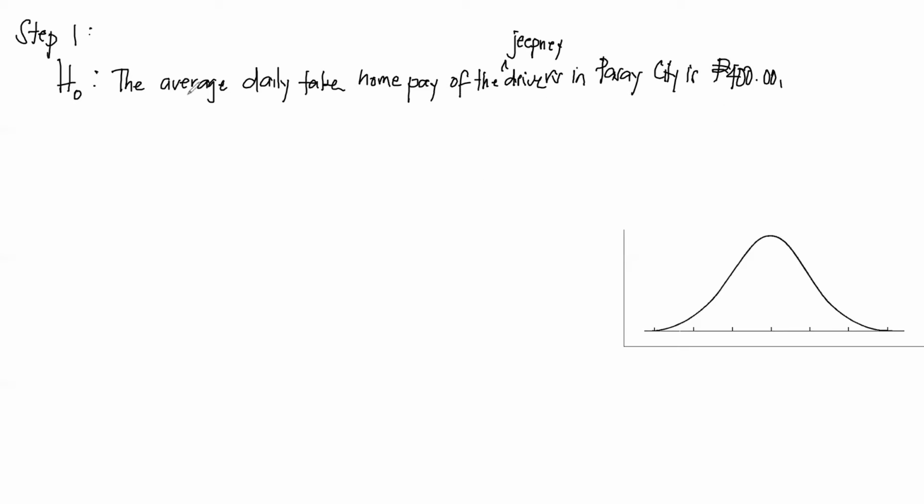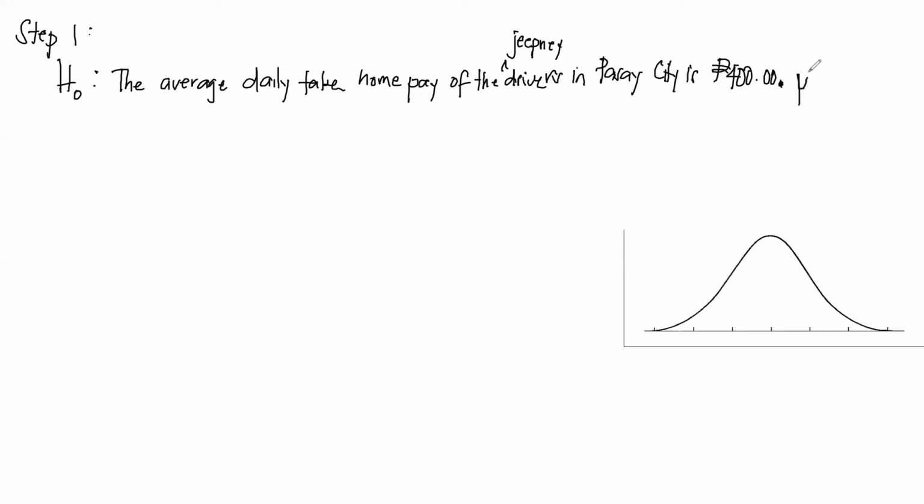Therefore, since this is the average daily take-home pay, we assume that it is the mean, diba? Kasi average. So since we are talking about the jeepney drivers in Pasay City, therefore we are talking about the population mean here.